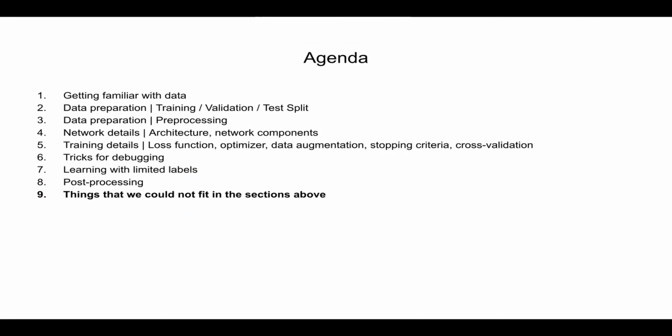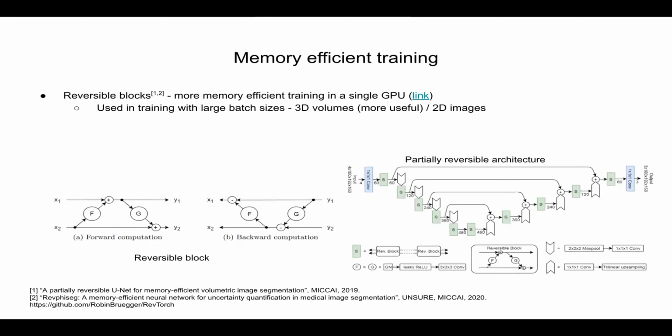And finally, coming to the things which do not fit into the above sections but are prominent, especially when you want to train 3D networks, we want to have some memory-efficient training mechanisms. So reversible blocks are quite popular in this setting, especially when you want to train either a lot of 3D volumes or a higher batch size for 2D images.